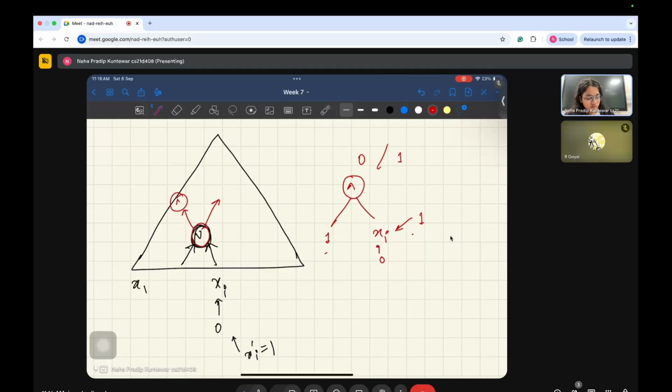Or if this was 0, then it is still computing 0, so there is no change even after flipping xi. So whether xi is feeding into an OR gate or an AND gate, it will only increase its output value for that particular gate.